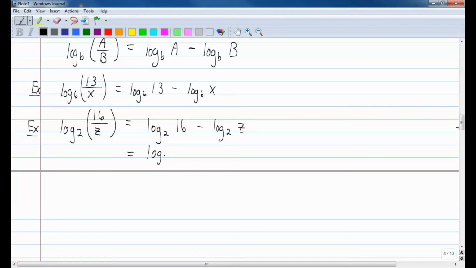Can we change 16 into 2 to some power? 2 to the 4th power is the same as 16. 2 times 2 times 2 times 2 is 16. So since I can change that term, I have the same base now. The answer for the first logarithm is 4. So I have 4 minus log base 2 of z. I leave my answer like that.